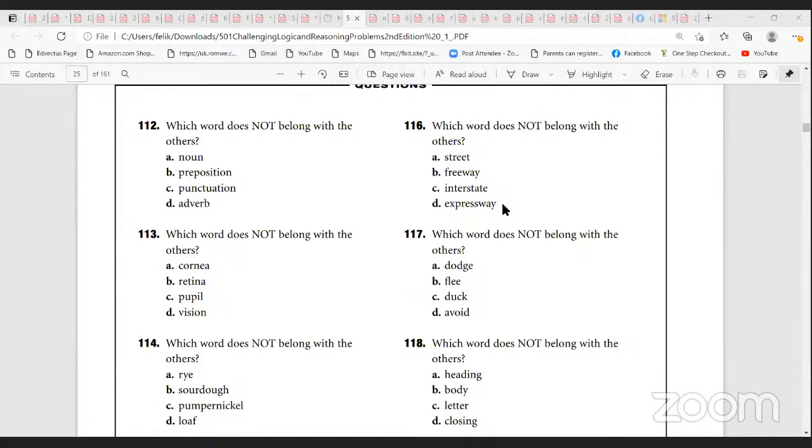You zoomed in, so I'm not able to see number 115. Oh, not 115. Let's go with 116. I realized.